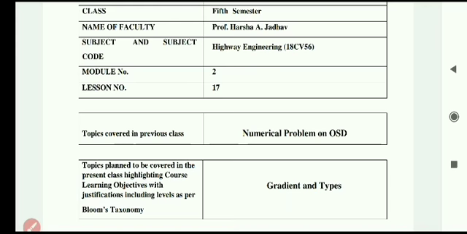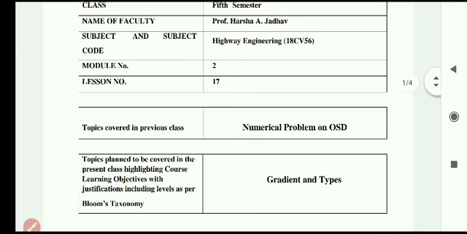and the maximum superelevation provided on a plain terrain, a plain road, is 7%, that is 0.07, and the maximum superelevation provided on any steep or mountainous terrain is 10%. We also discussed how superelevation is calculated.